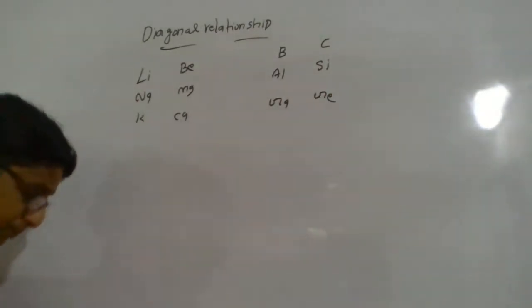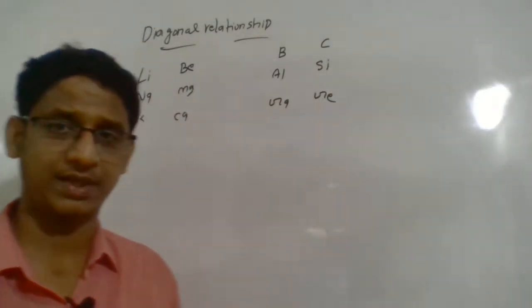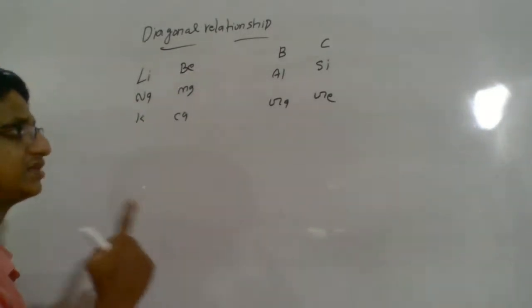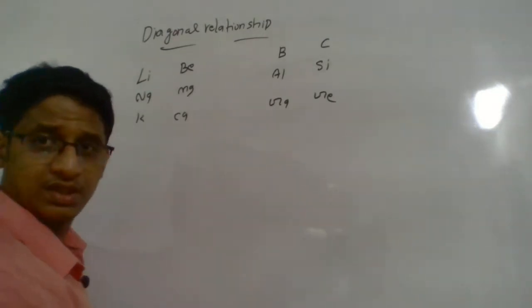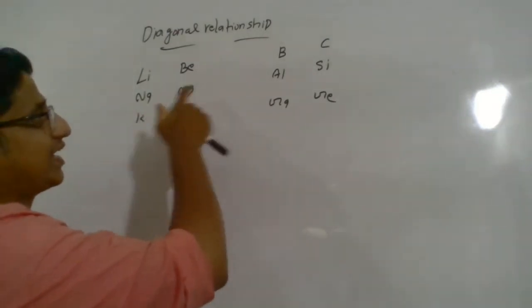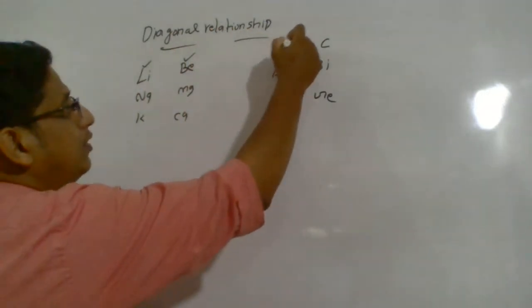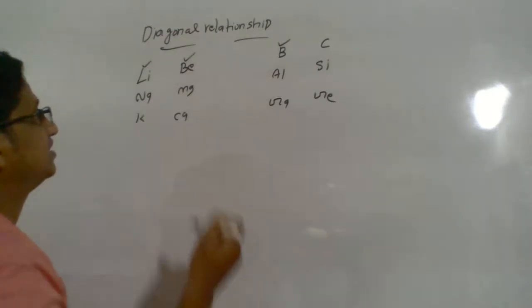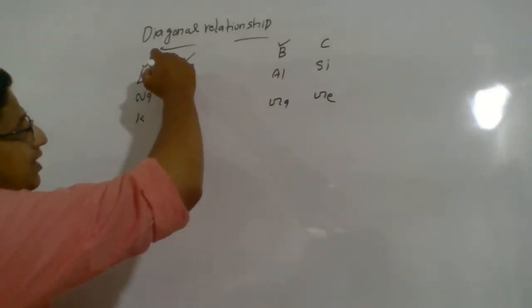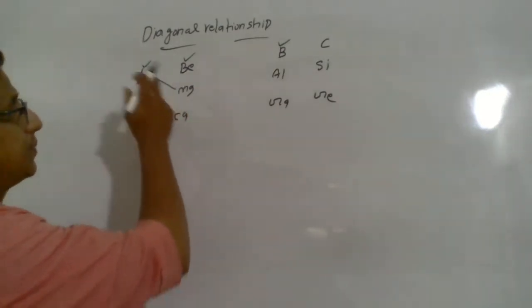So we expect elements in the same group to have similar chemical properties, but the diagonal relationship tells you that an element, especially among the second period elements like lithium, beryllium, boron, has a similarity in chemical properties with the element which is diagonal to it.